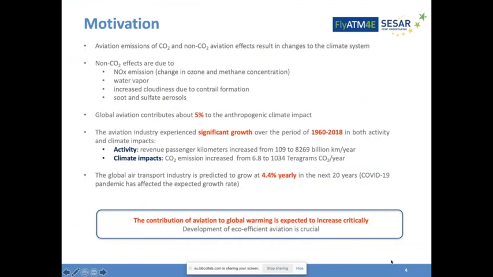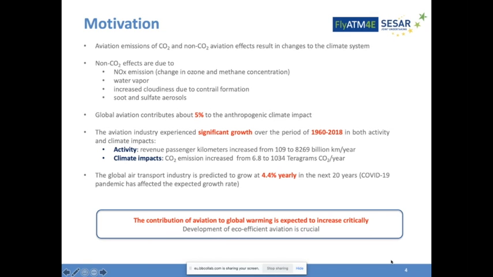So, as we all know, aviation contributes to climate change through the emission of non-CO2 effects and CO2 emission. The non-CO2 effects are due to the NOx emission, water vapor, increased cloudiness due to the contrail formation, soot and sulfate aerosols. From the latest study on global warming, it has been reported that aviation contributes to 5% of climate impact.